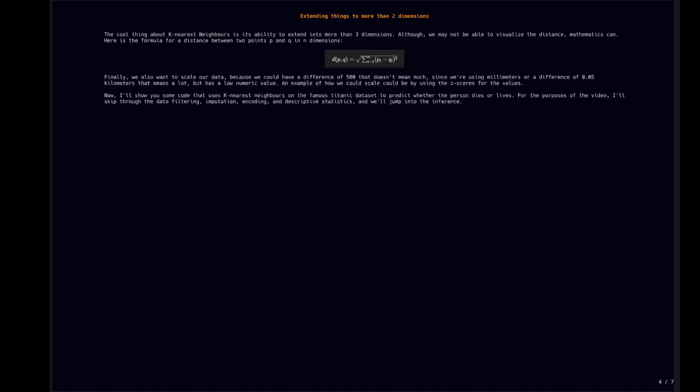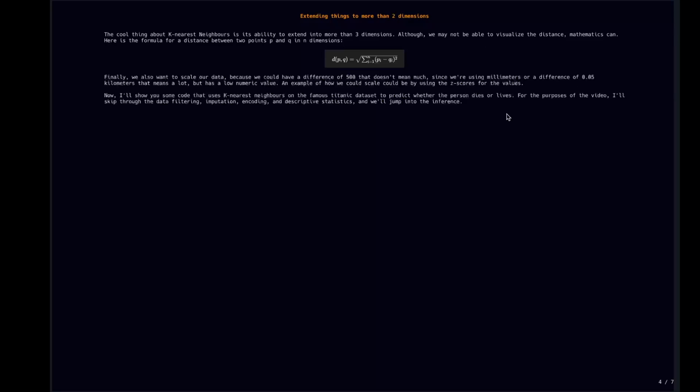And we also want to scale our data. So you could have a difference of 500 that doesn't mean much, since we're using millimeters. So if you had a 500 millimeter scale on maybe length, and a kilometer scale on the height, we'd get skewed values because the distance really isn't well defined for these 2 variables.